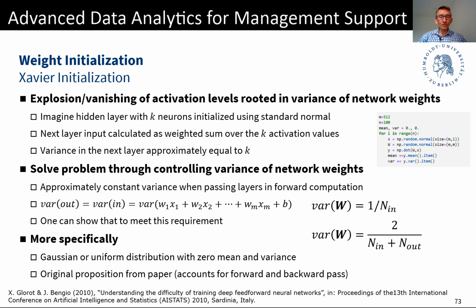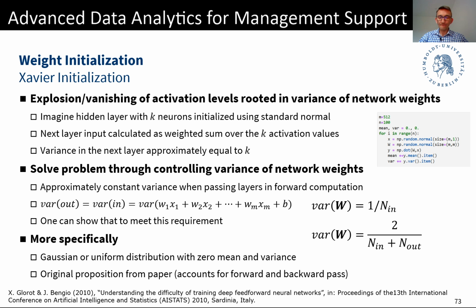That was the initial proposition, and then later on people realized that you can do it a little bit better if you normalize the variance by considering not only the number of incoming nodes but also the number of outgoing connections, or incoming connections, not nodes, and outgoing connections. And this is why you see these two formulas here.